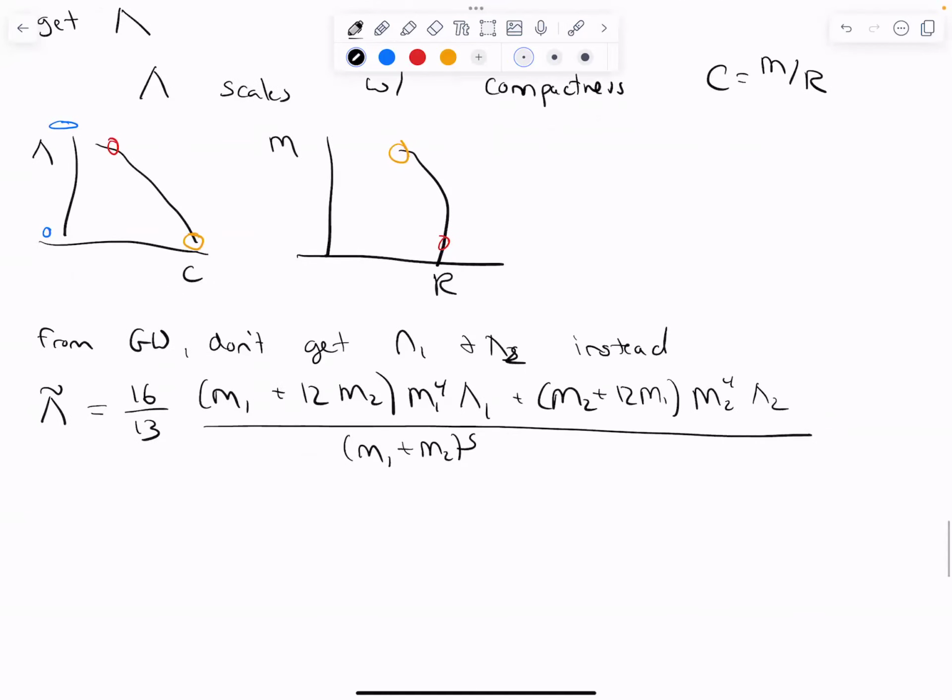So now this is what I get out from talking to my friends in LIGO, and I have to somehow figure out the individual lambdas. How do I do this?